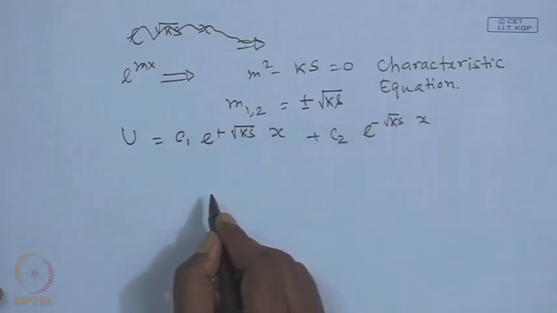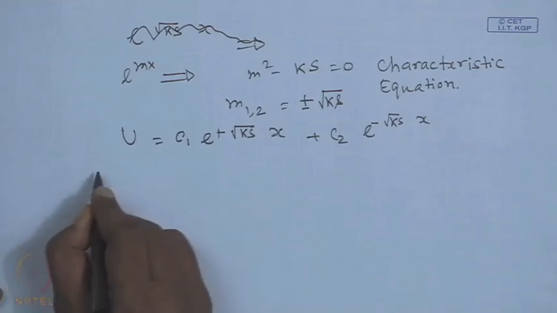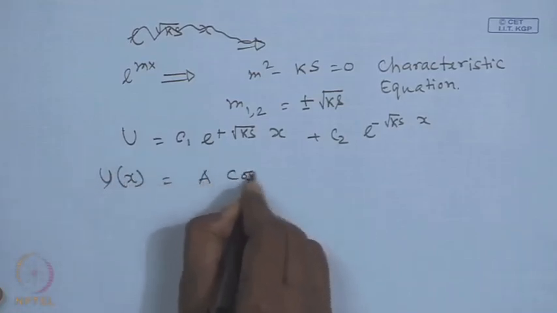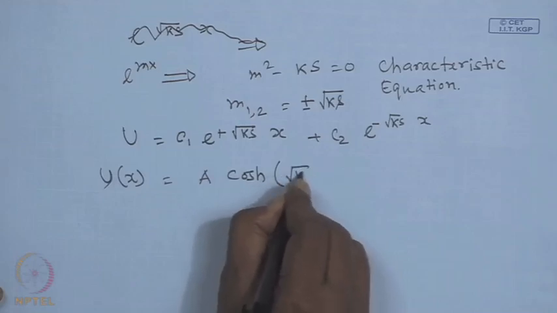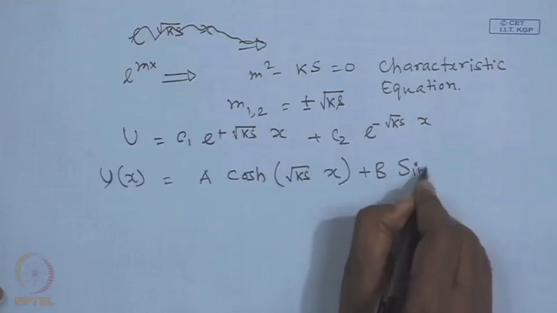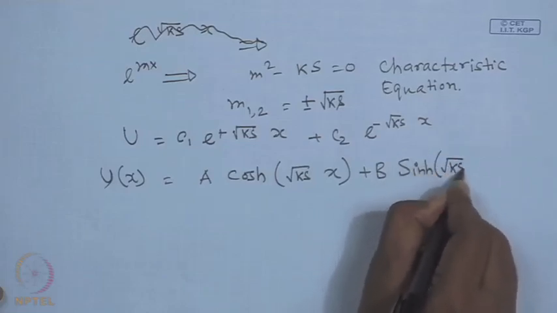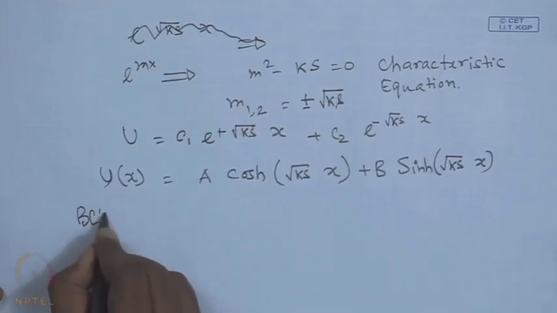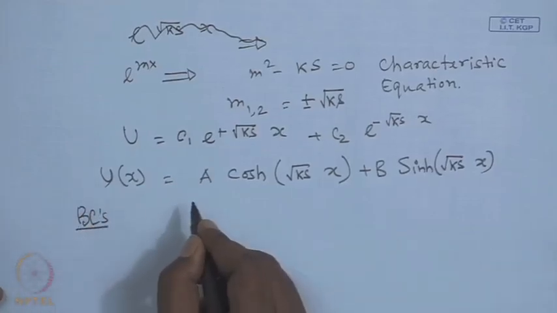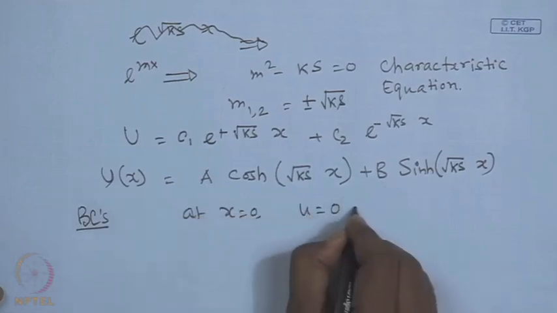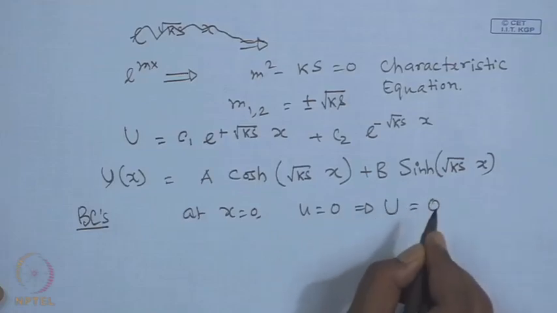and the solution will be composed of sine hyperbolic and cosine hyperbolic functions. So, the final form of the solution will be a cosine hyperbolic root over k s x plus b sine hyperbolic root over k s times x. Now the boundary conditions, let us take the transform of the boundary conditions. At x is equal to 0, u was equal to 0, therefore, capital U is equal to 0.